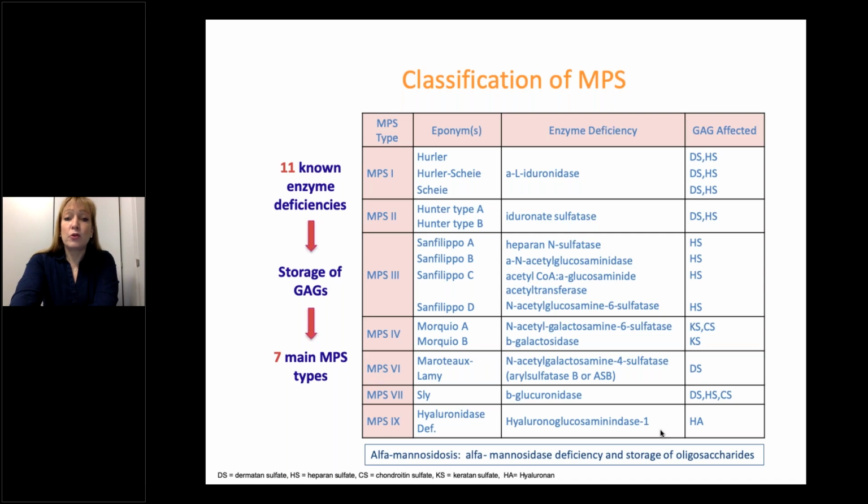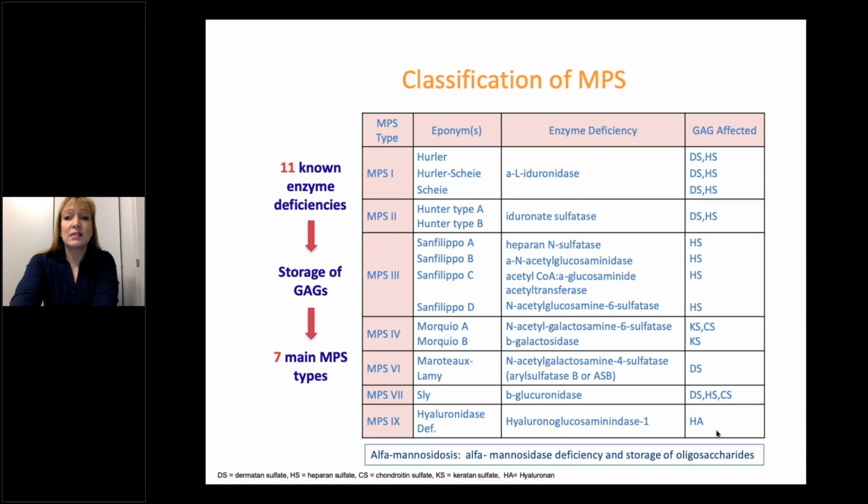As I said before, not all of these patients have cognitive involvement. In these patients, where the glycosaminoglycan heparan sulfate, which I here abbreviated as HS, is stored, we have it in MPS 1, 2, MPS 3, and also MPS 7.